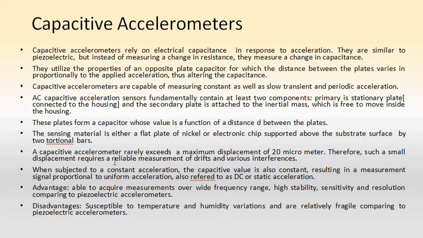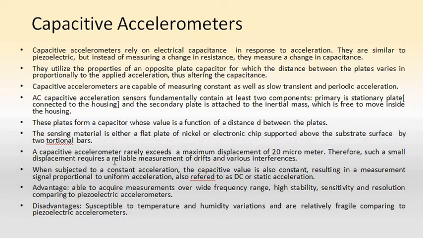Now, when this type of accelerometer is subjected to constant acceleration, that is not varying acceleration, then the capacitive value will also be constant, and thereby the output measurement signal will be proportional to this input constant acceleration. That type of acceleration is known as DC or static acceleration.